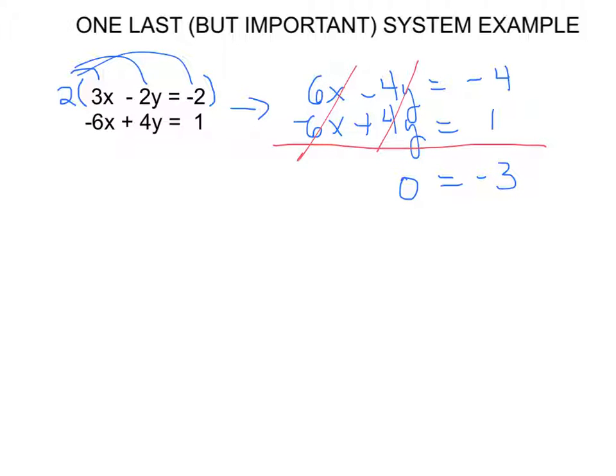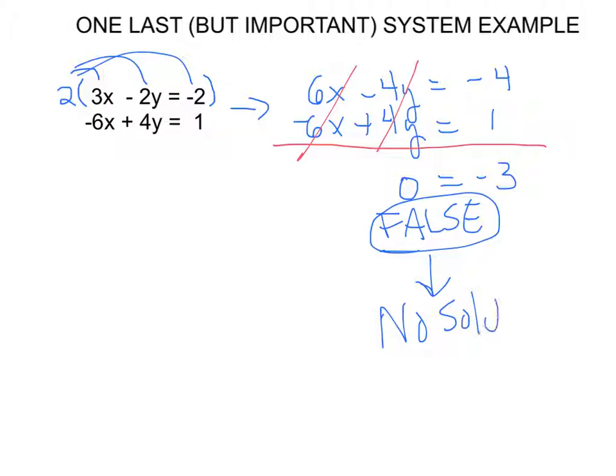Well, the fact that we have 0 equals negative 3 tells us something very important, because we know that 0 never equals negative 3, and so this ultimately gives me a false statement. And a false statement always means that there is no solution. So when your x's and y's disappear, if you get a false statement, you end up with no solution.